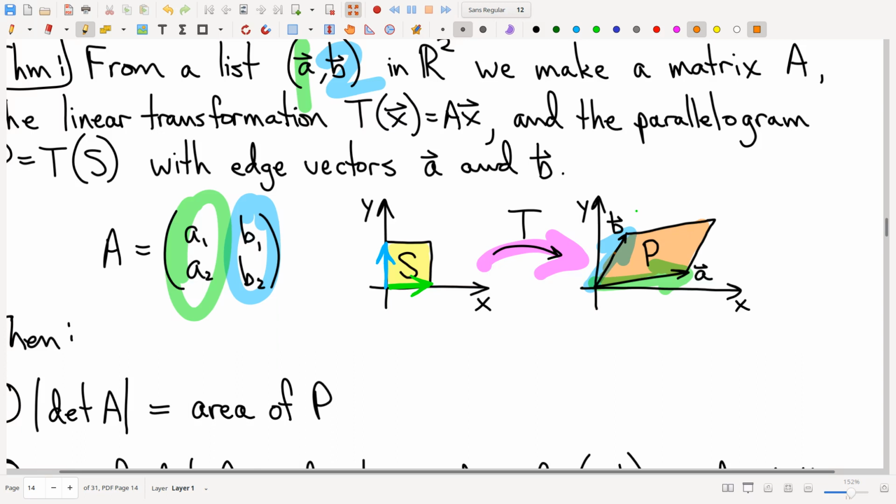And it turns out that these things are all very closely related to each other. The list, the matrix, the transformation, and the parallelogram. Strong relationships between them. And now begins the discussion of the actual theorem.